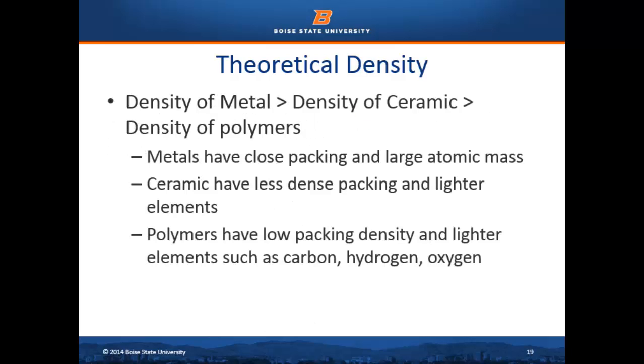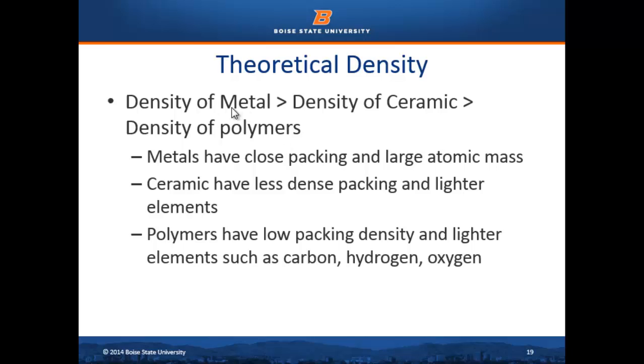Now let's compare theoretical densities of various material categories. Theoretical density of metals is greater than that of ceramics. Similarly, theoretical density of ceramics is greater than the density of polymers. The composites have their densities in between, depending on what composition they are made up of. Why do metals have the highest theoretical density?